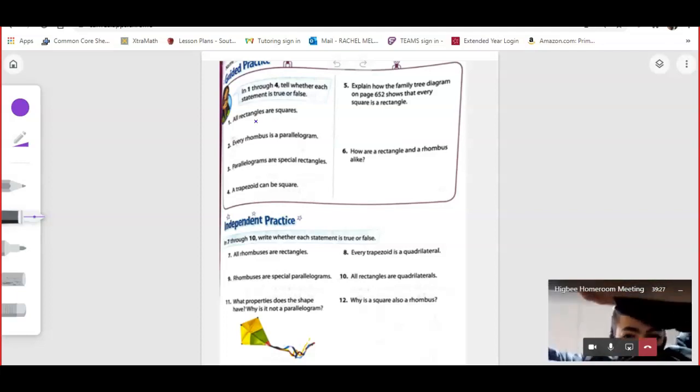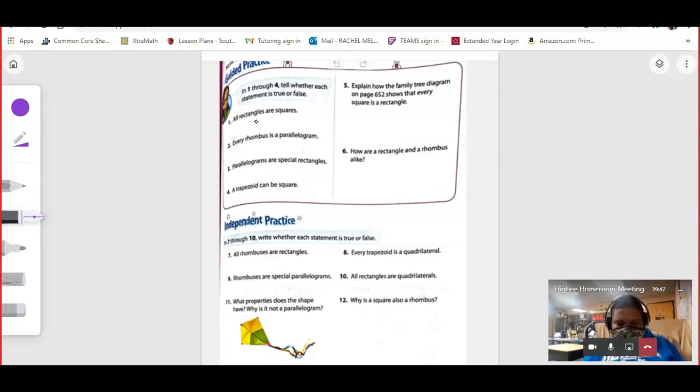The first one: all rectangles are squares. What do you think about that statement? Raise your hand. Okay, Anthony, is that true or false?